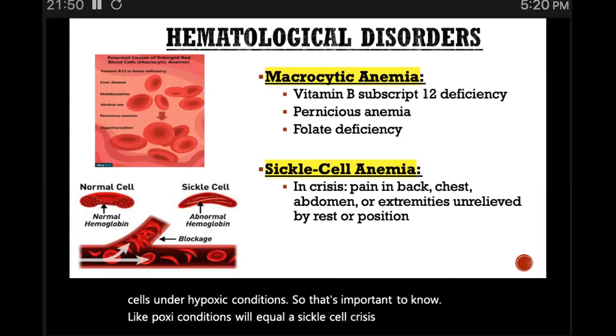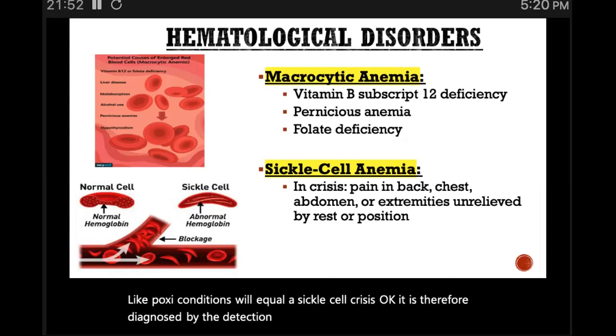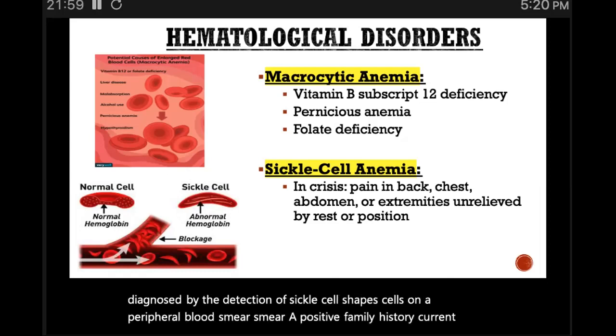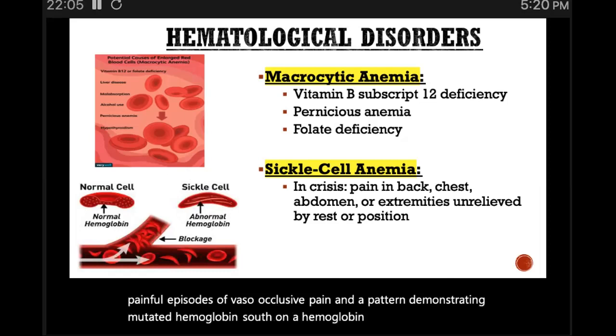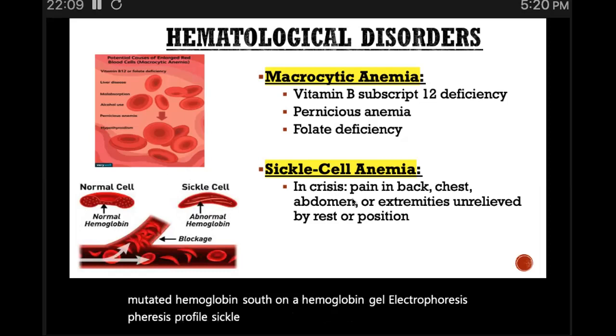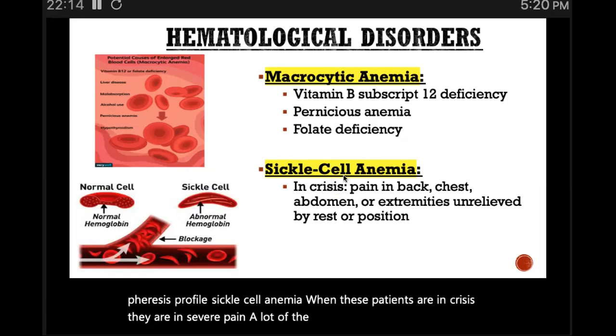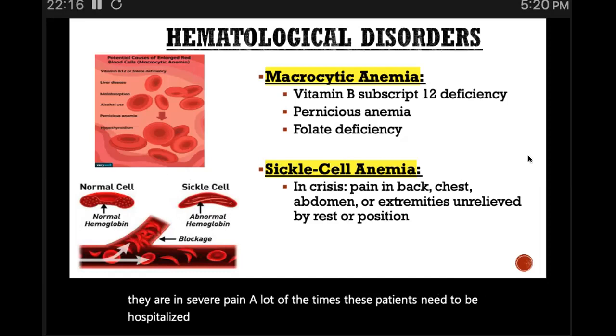It is therefore diagnosed by the detection of sickle shaped cells on a peripheral blood smear, a positive family history, current painful episodes of vaso-occlusive pain, and a pattern demonstrating mutated hemoglobin S on a hemoglobin gel electrophoresis profile. Sickle cell anemia, when these patients are in crisis, they are in severe pain. A lot of the times these patients need to be hospitalized to manage these crises.